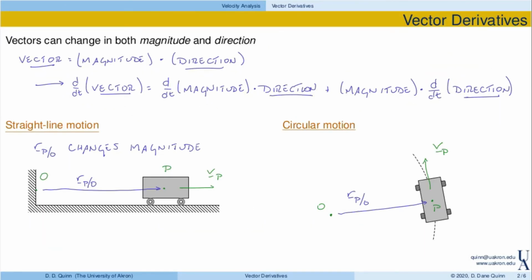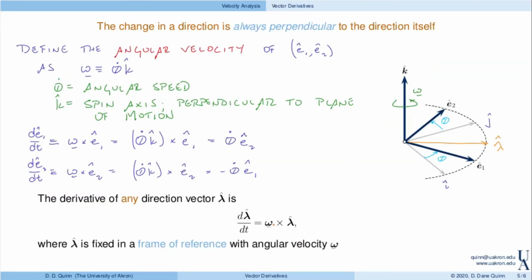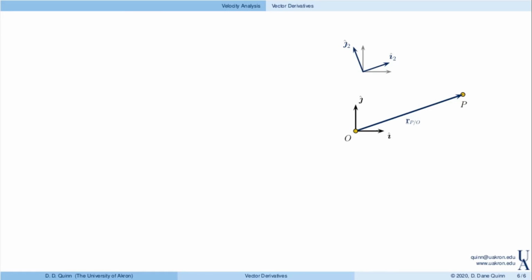Going back all the way to the beginning, we pretty much now know how to calculate the derivative of vectors. It's the change in the magnitude times the direction plus the magnitude times the change in direction, where the change in direction is given by this cross product with the angular velocity. So let's look at that. Here I have a position vector r of P with respect to O. So P is out here somewhere. And I'm going to identify I2 and J2 as the direction of r_PO, and then the perpendicular direction.